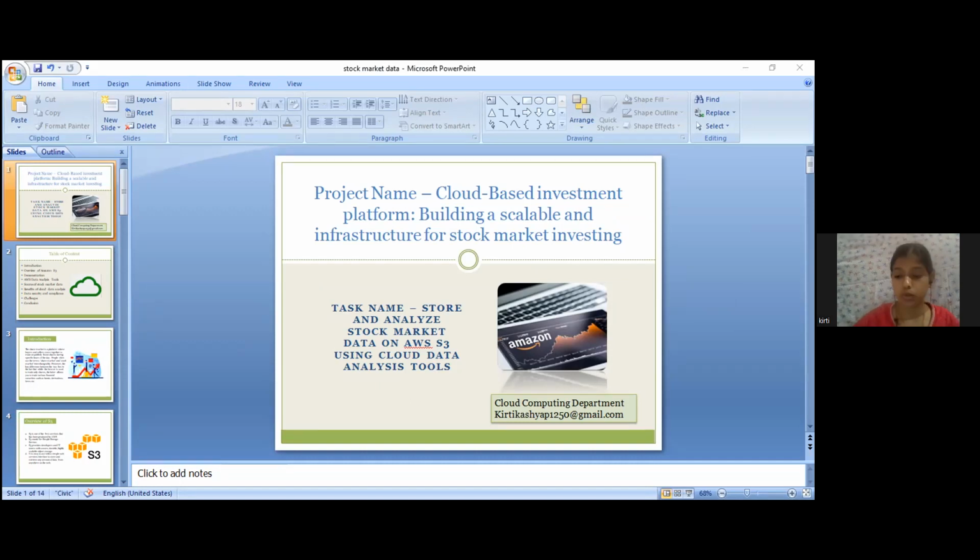So to start with, this is the table of contents. First is introduction. Second is overview of Amazon S3, demonstrations, and AWS data analysis tools, source of stock market data, benefits of cloud data analysis, data security and compliance, challenges, and last is conclusion.